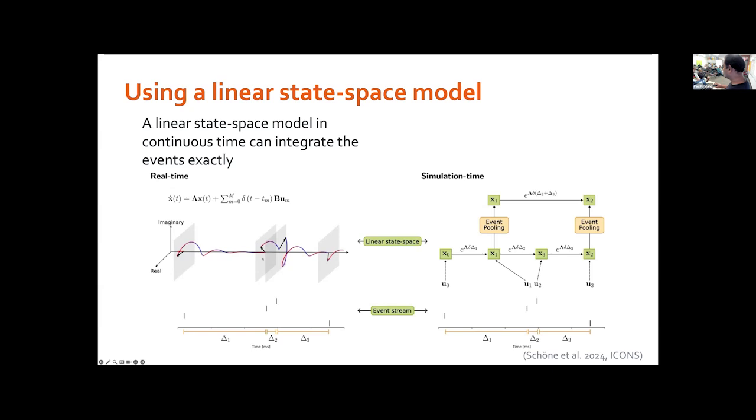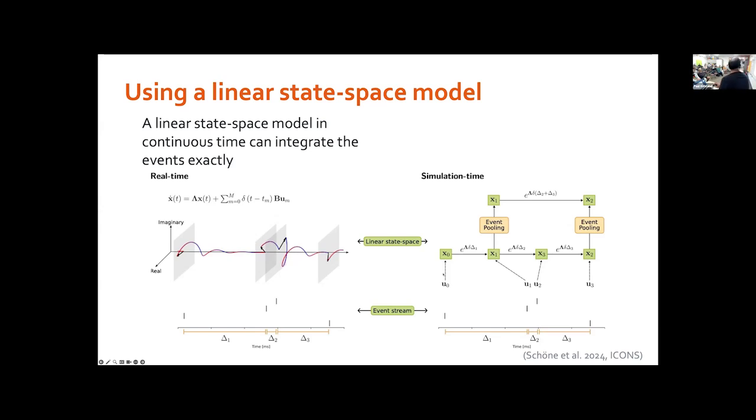The next time an event comes in, you can directly calculate what the state of the state space model should have been at that point, and then update it based on the new event, and so on. If you plot this on the real and imaginary axis, this is what you see. Every time an event comes in, there's a jump in some direction, then it decays, and then there's a jump again, and so on.